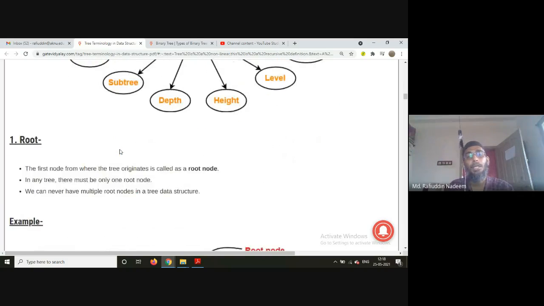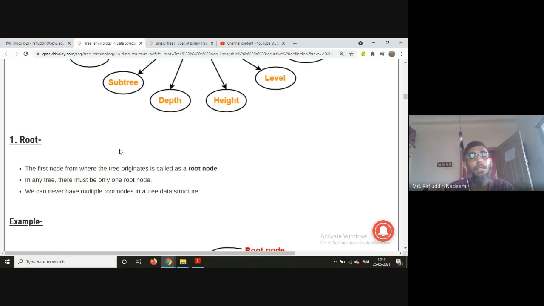Once you say that you are aware of data structures, if the interviewer chooses the tree, the nonlinear data structure, they may ask you about these definitions.